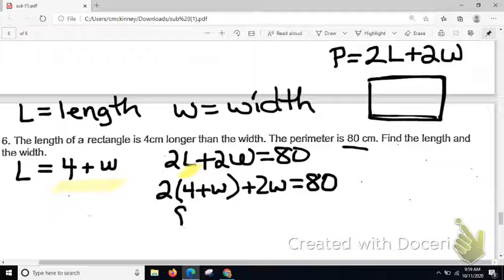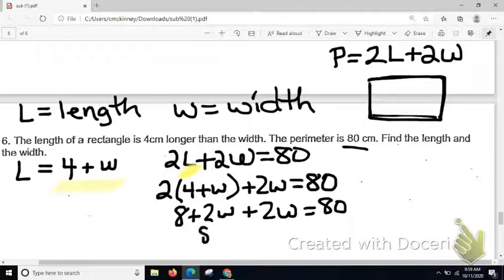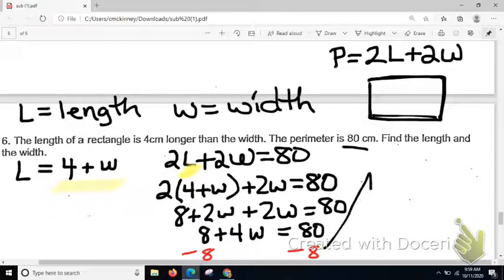So I'm going to distribute. I'm going to combine like terms. Then I'm down to my two-step equation. So we'll subtract 8. No matter how I do it, there's never enough space. So 4W is equal to 80. And then I'm going to divide by 4.